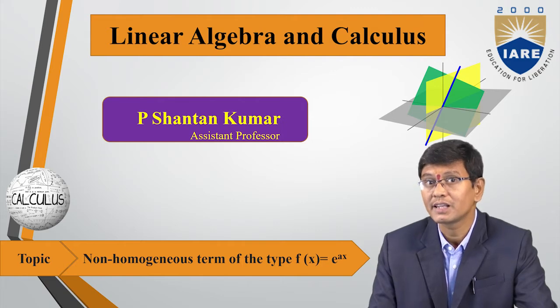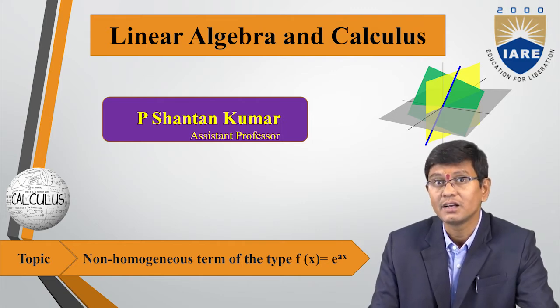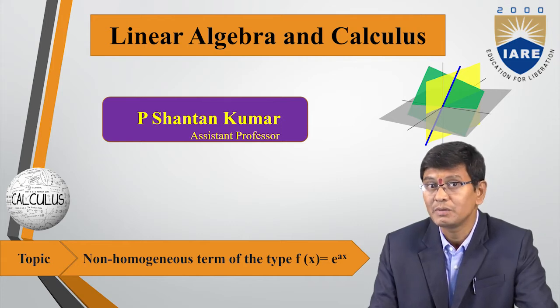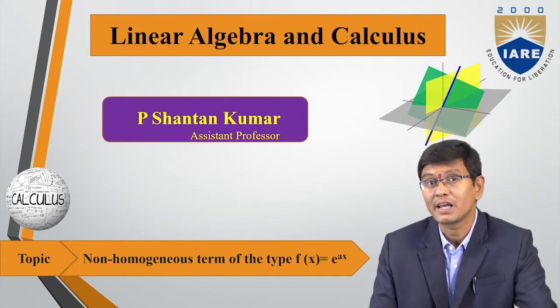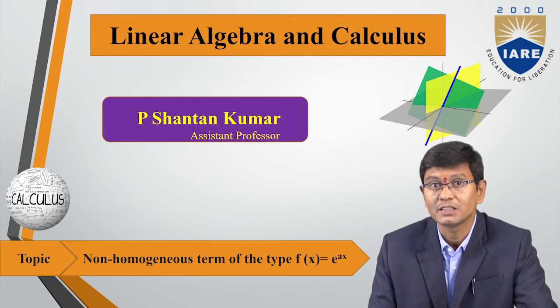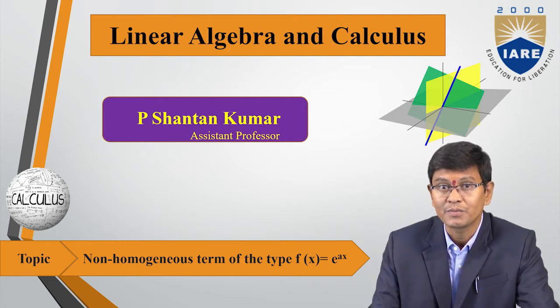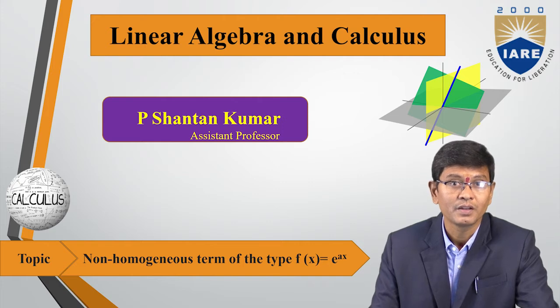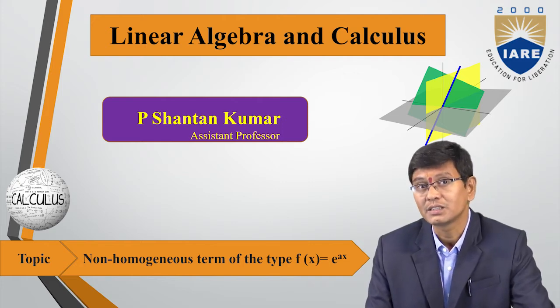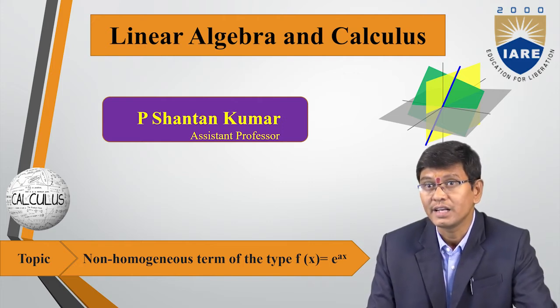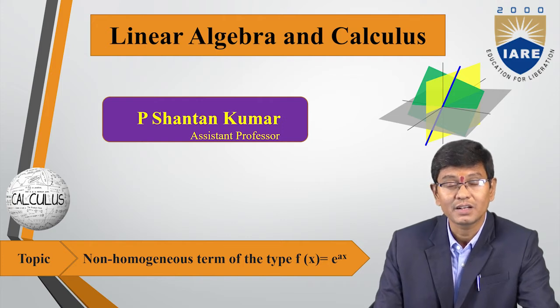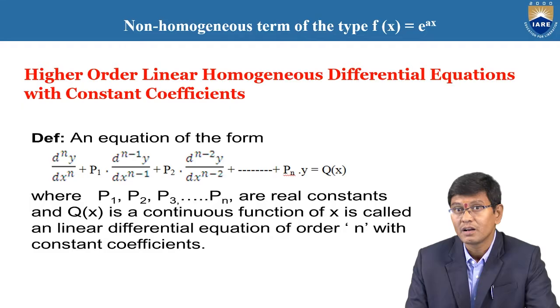That means whenever the right side is Q, or sometimes a capital X, in terms of x, and it is e power ax in the given problem, how do we find the solution? First, we will discuss what a higher order linear differential equation with constant coefficients is.